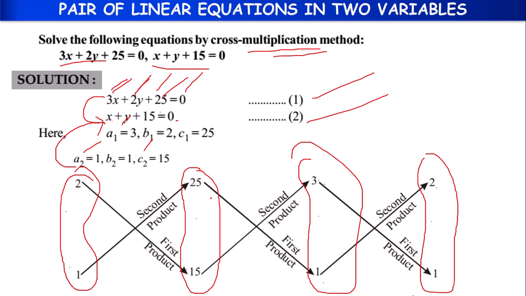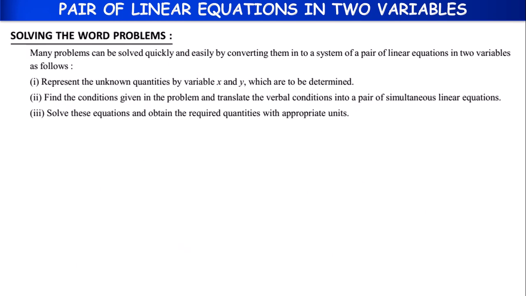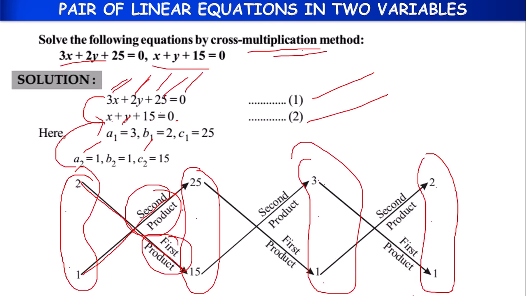Like that we take the coefficients and constants. Now we do the product of these two terms, which is the first product, and these two, which is the second product, and we take their difference.